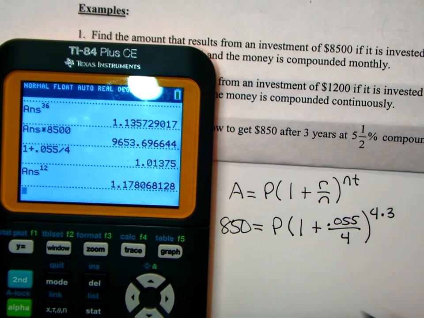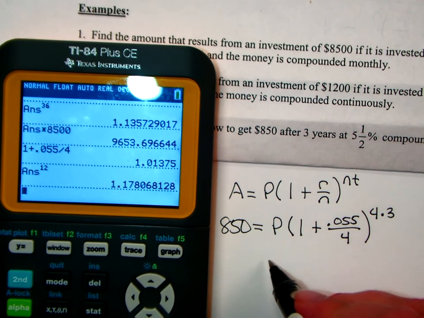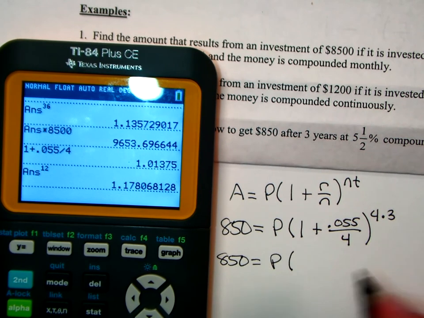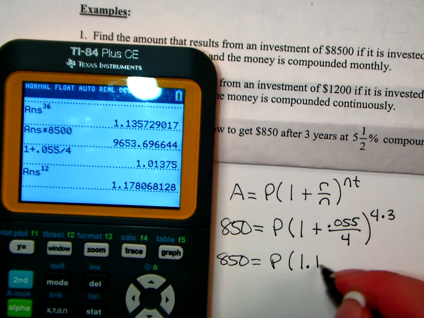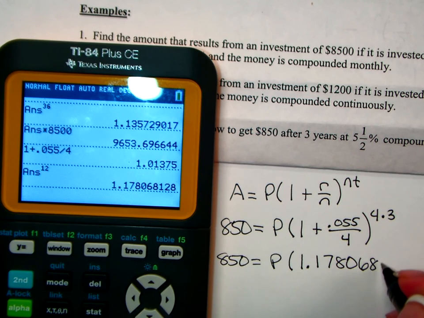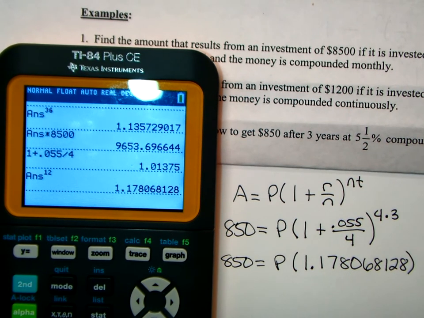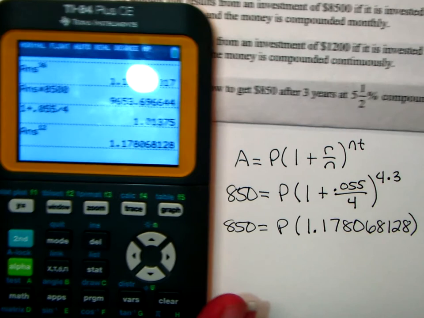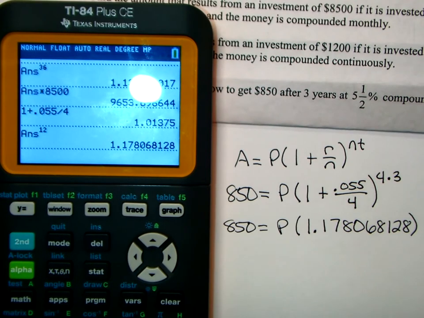So right now, I have 850 equals P times this decimal. You don't want to round this decimal at all, or else you're going to get off by a couple pennies, and it's going to be frustrating because you have the right answer, but you're off by a cent or two, and it's going to count it incorrect. So don't round that decimal at all.